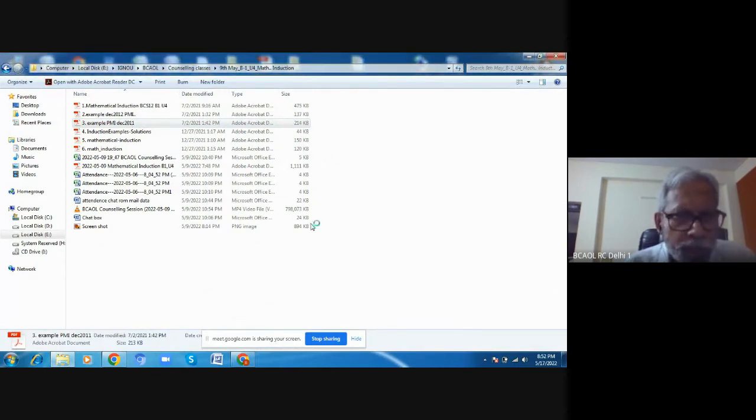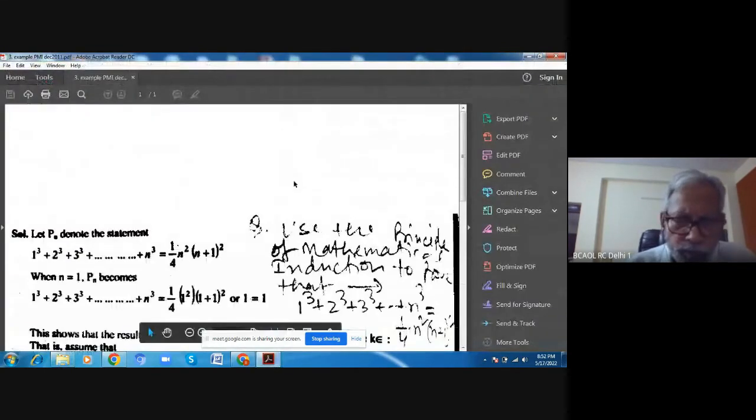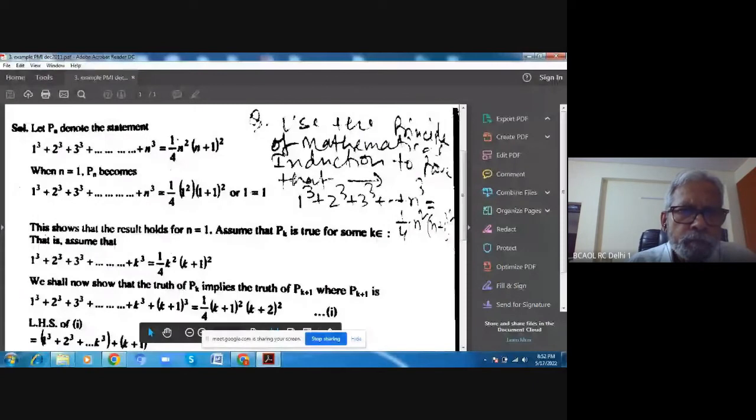I will show you one example, that is sufficient. This is your example. So 1 cube plus 2 cube plus 3 cube is given. This is your equation.